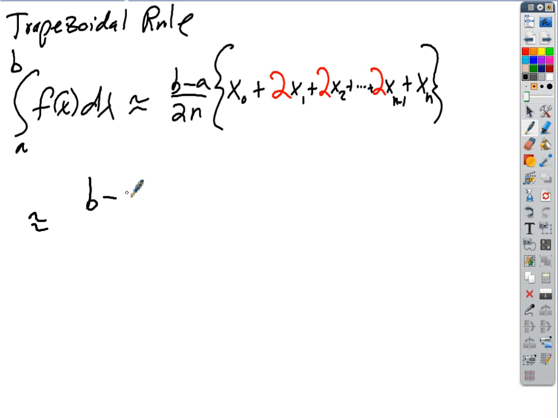So 2 times x sub 1 plus x sub 2 plus all the way up to x sub n minus 1. Okay? And I could even do a little better than that.